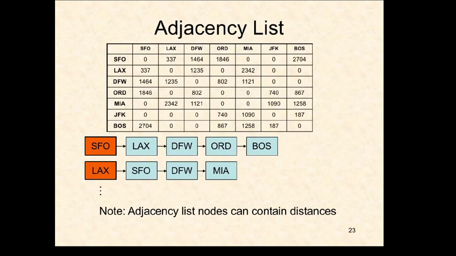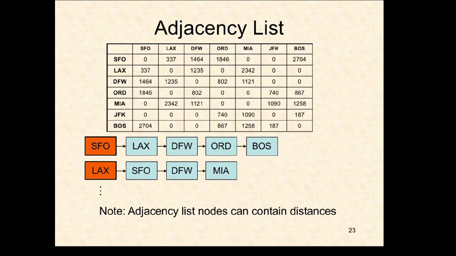Okay, so in the adjacency list, we're going to come back to our representation. In the adjacency list, if we look at the SFO row, SFO is connected to LAX and DFW and ORD and BOS.